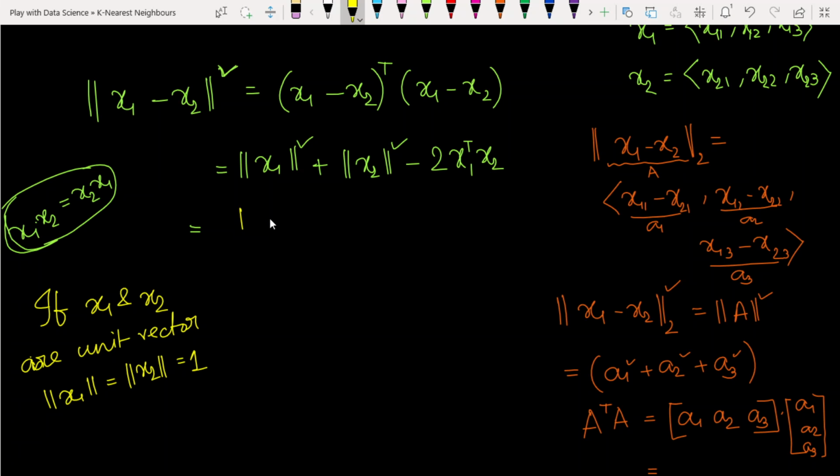So this will be 1 plus 1 minus 2 times x1 transpose x2.